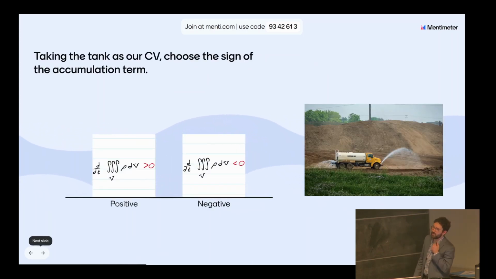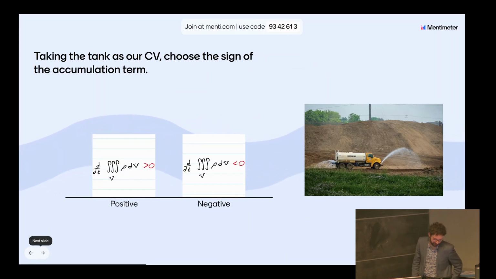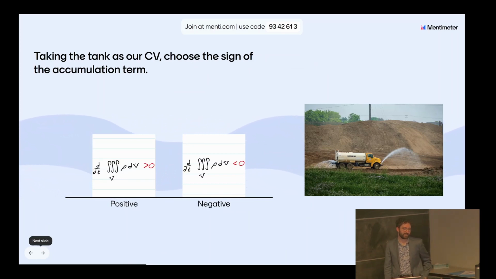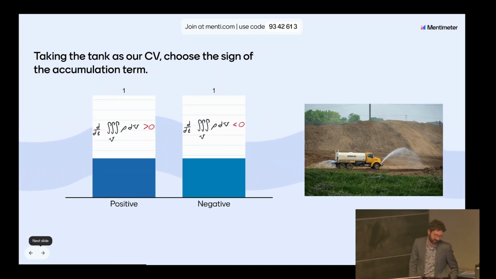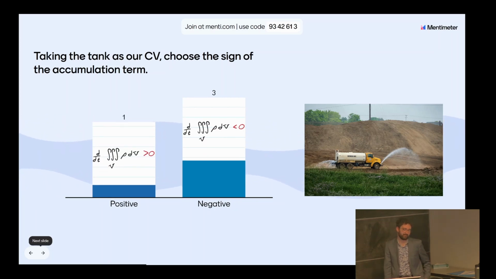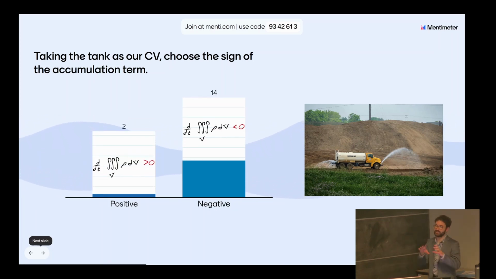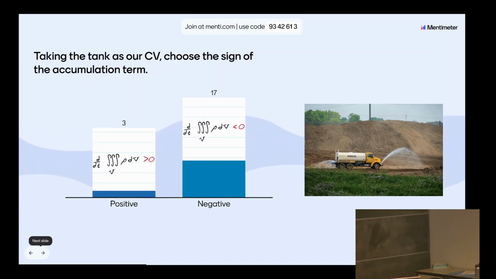So on the right here, I have a picture of a truck watering some sort of field. If we take the tank in the back of this truck as our control volume, do you think our accumulation will be positive or negative? Again, the CV is this imaginary thing that's the exact boundaries of this tank.